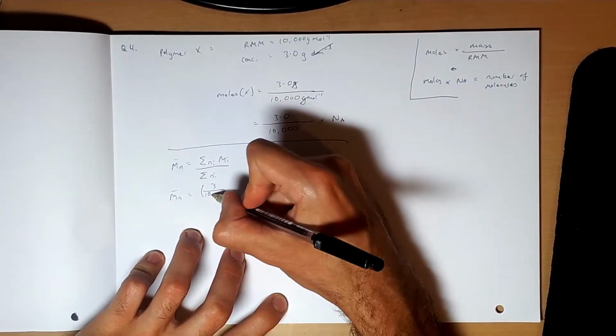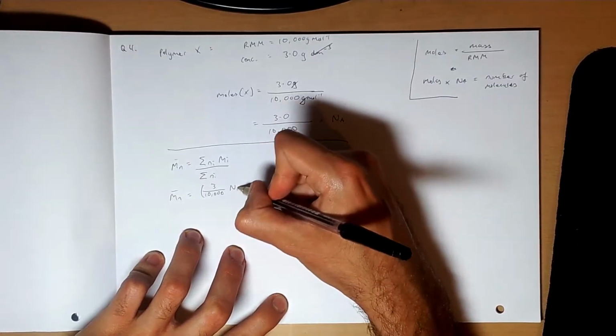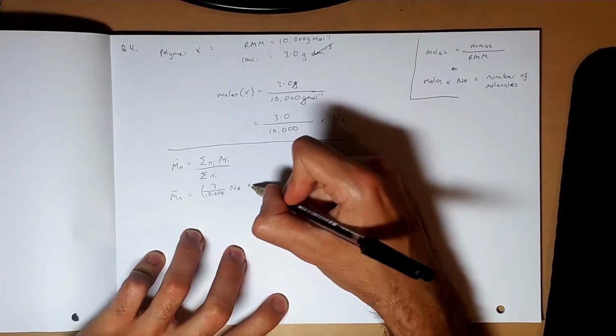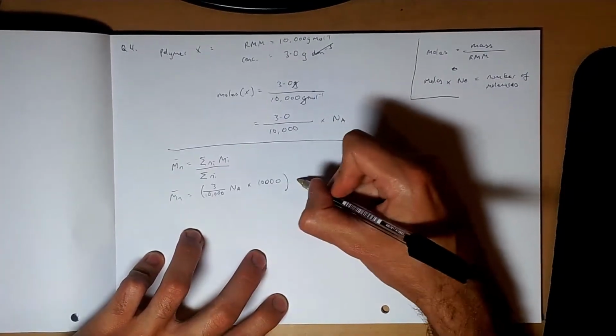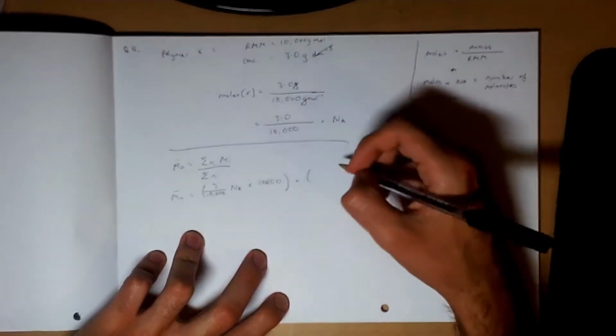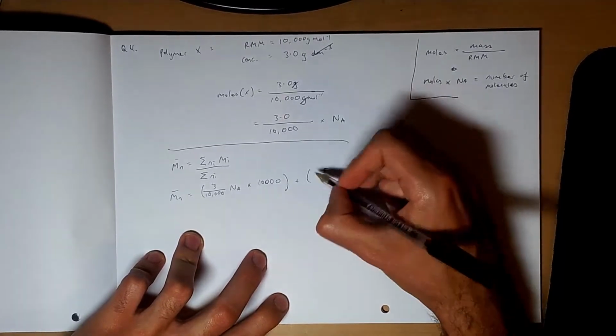3 over 10,000 Na times by 10,000, and that is in addition to 5 over 15,000 Na.